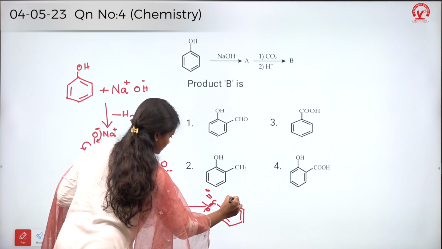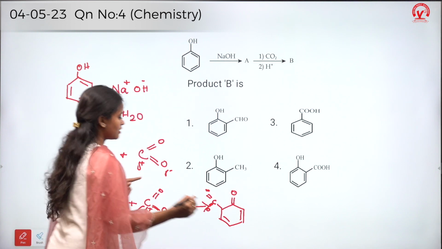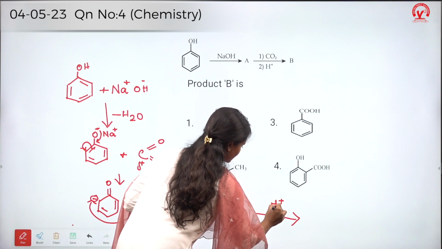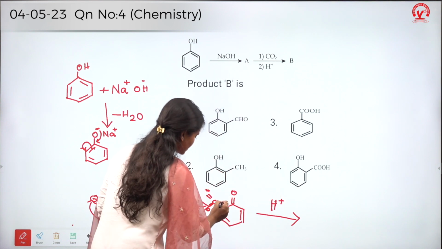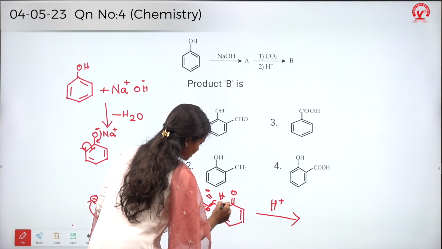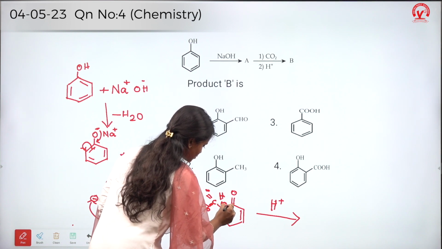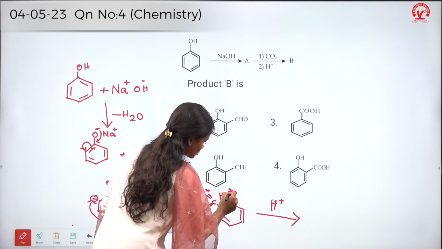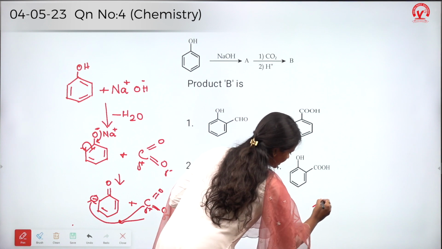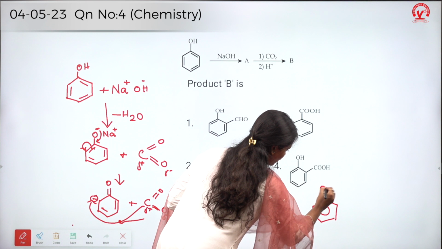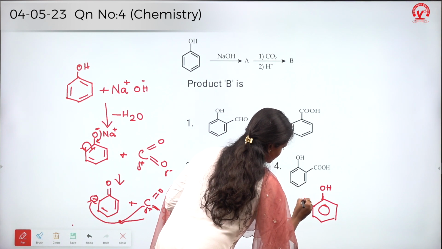O. Here there is an oxygen group present, which on further acid hydrolysis, there is a hydrogen present. This hydrogen donates the electron to this benzene ring, so this bond goes to oxygen. So we get the product, it is OH, COOH.